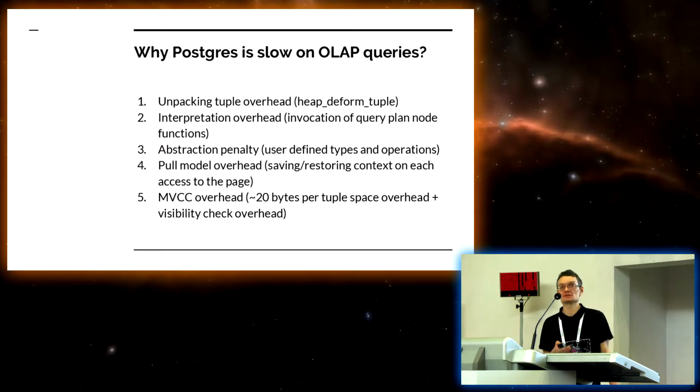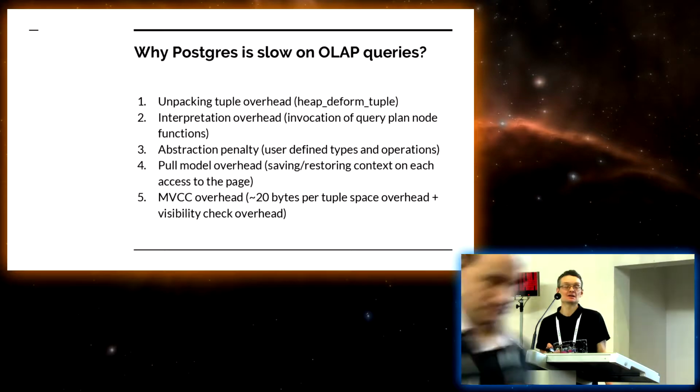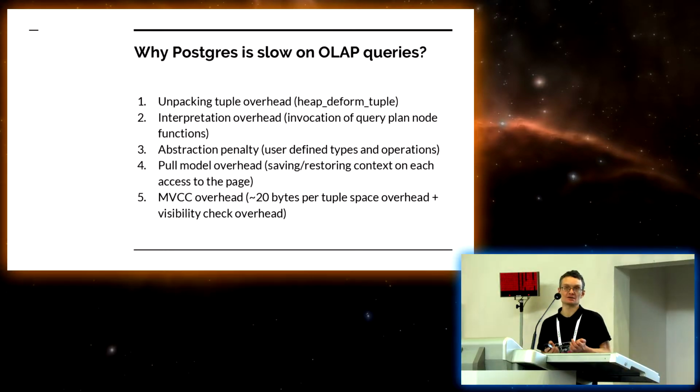The fourth point here is the pull-push model. There are two ways to arrange computation. Either the operator drags in the operand and performs certain actions on it, and then gives the result to the top.